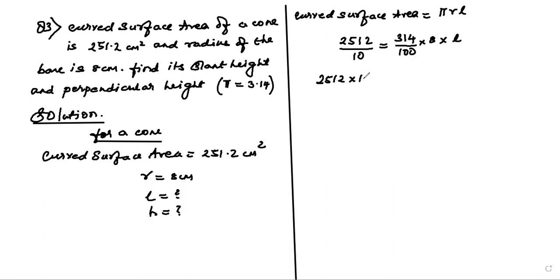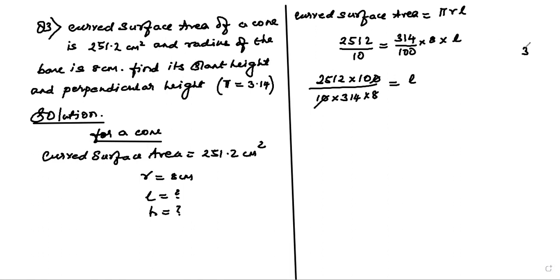2512 multiplied by 100 upon 10 into 314 into 8 is equal to l. So what will happen, children? You can see this 10 got cancelled. And 8 fours are 32, 2 is the ending here.